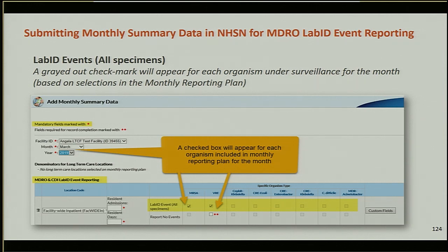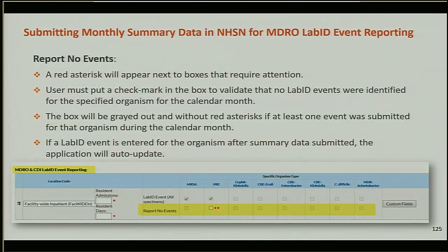The LabID event all specimen row. So this will, again, show you which organisms are under surveillance for the month. And again, that's based on your monthly reporting plan. Report no events. If there's a red asterisk, that means that this yes is indicated in your plan, but you did not report any VRE LabID events for this month.